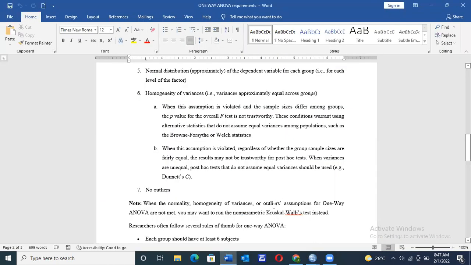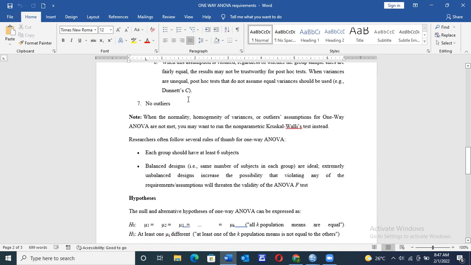Outliers, as we have also highlighted in some of the analyses that we have done, especially the paired sample t-test, independent sample t-test, and one sample t-test. Outliers simply means we don't want extreme values, for example, you have 0 and the other value being up to 100.